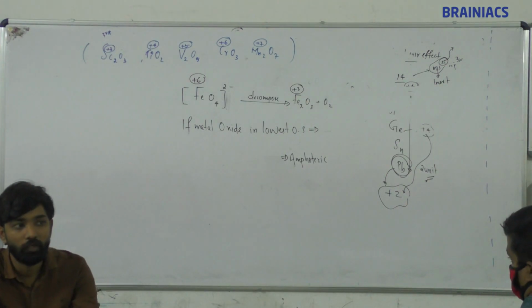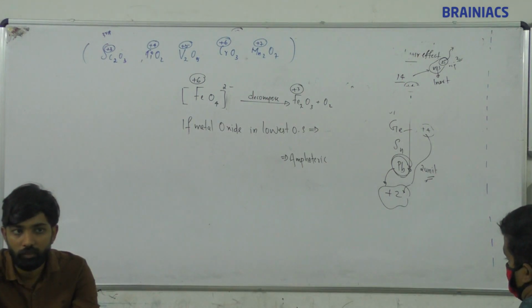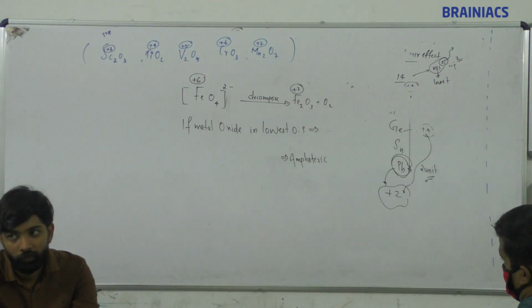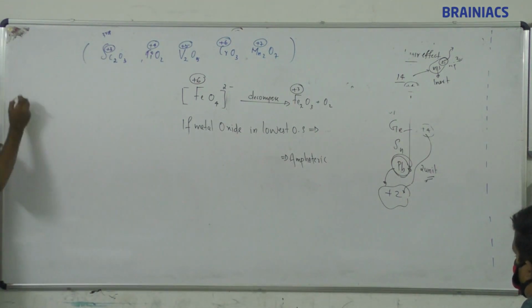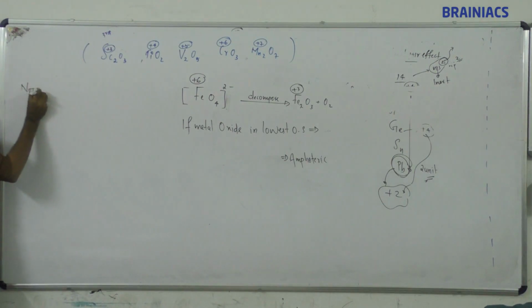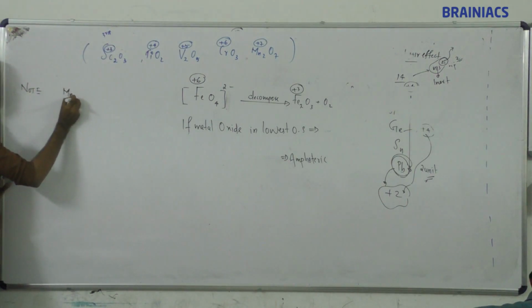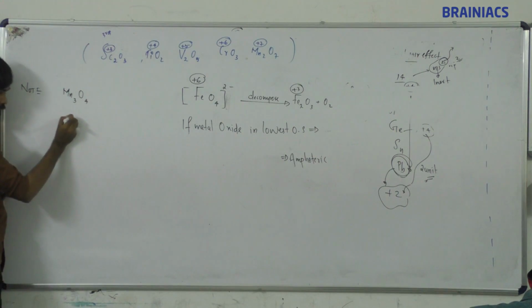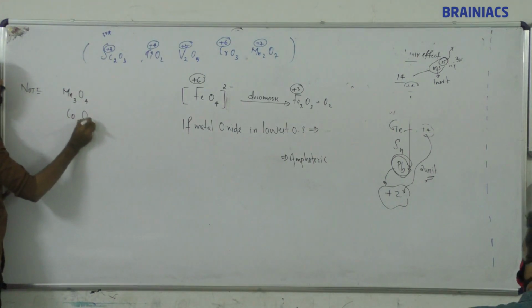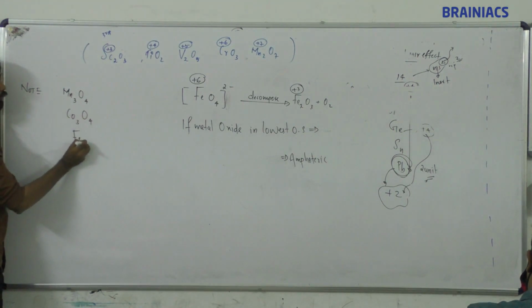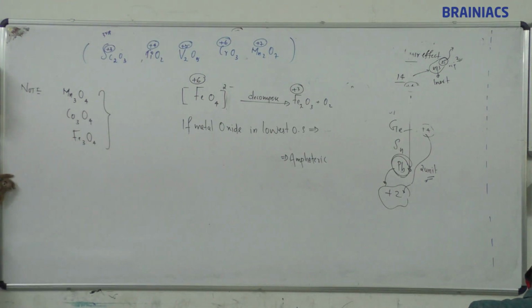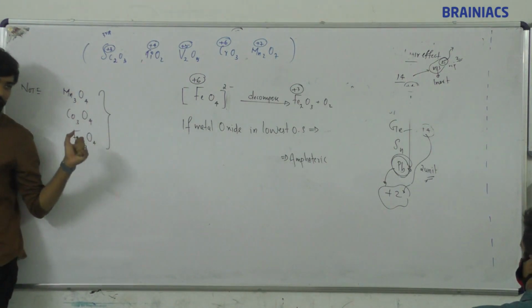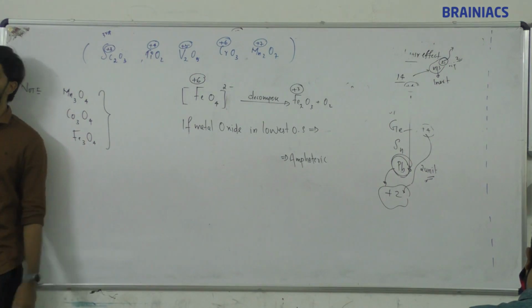And you are familiar with the mixed oxide. It is discussed in redox reactions. So put it as a note. Mn3O4, Co3O4, Fe3O4 are mixed oxides of transition metals, compounds with a special oxidation state.